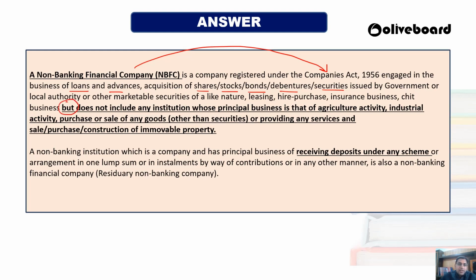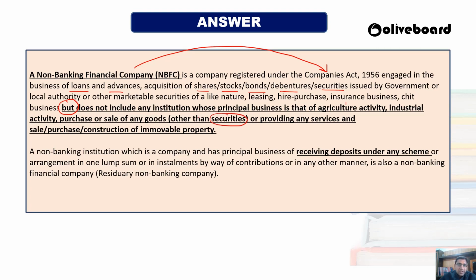But it does not include any institution whose principal business, that is the main function of that business, is solely related to agriculture activity, industrial activity, or purchase or sale of any goods other than securities.